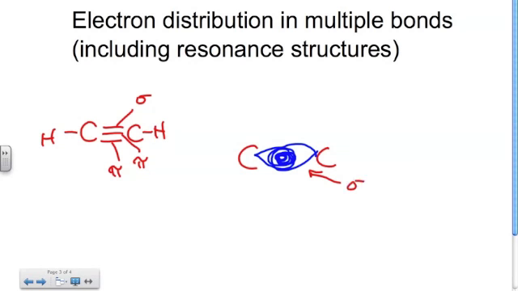Now I want you to imagine you have a sheet of paper. Let's say you're holding that sheet of paper up vertically and you drew p orbitals vertically. So you would have this parallel up here this way.